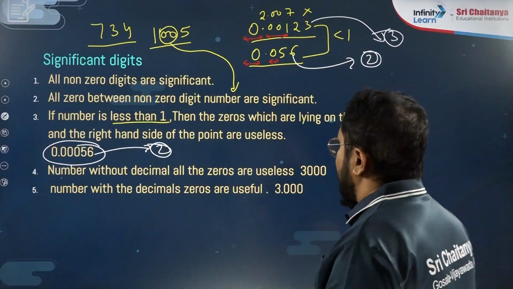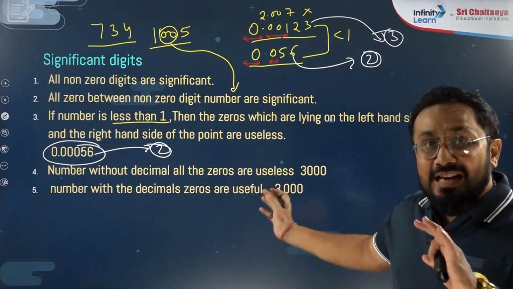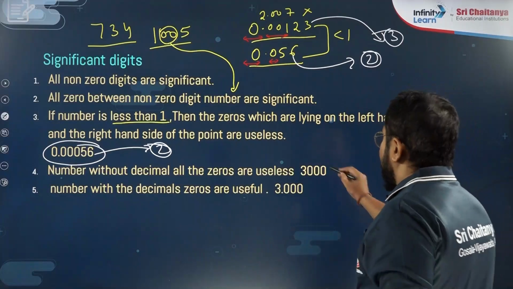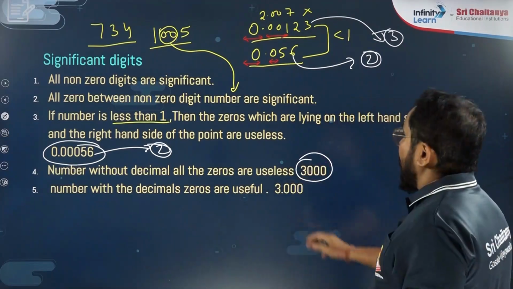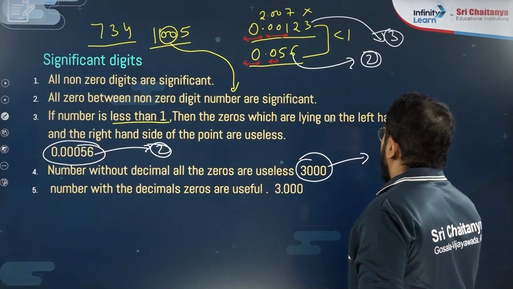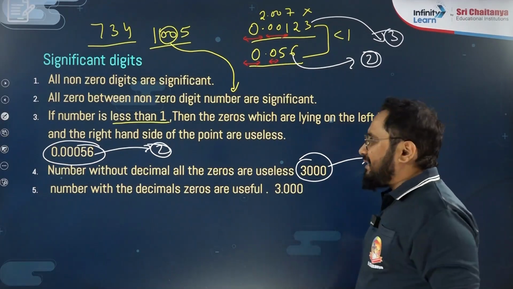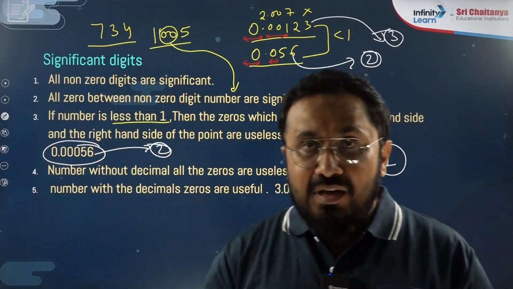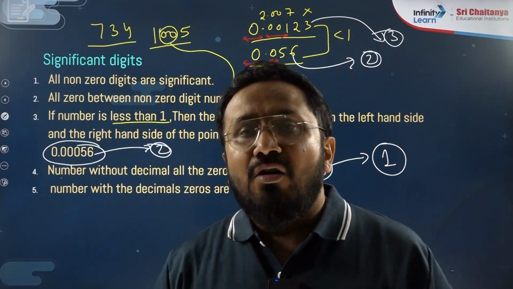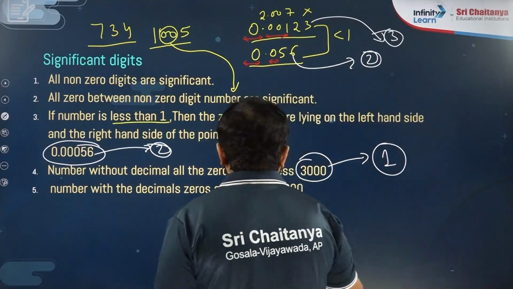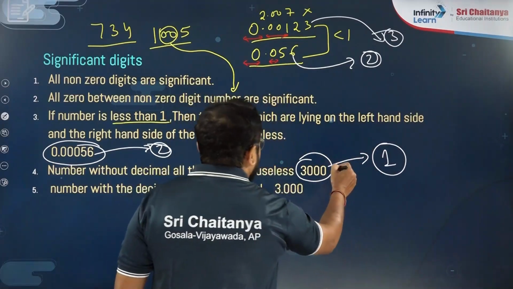See, I have written 3000. So all the zeros are useless. How many significant figures? 1. Only 1 significant figure. If the number is without any decimal, all the zeros written in that number are useless until any other number comes.